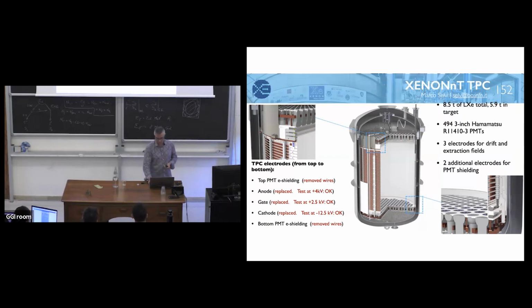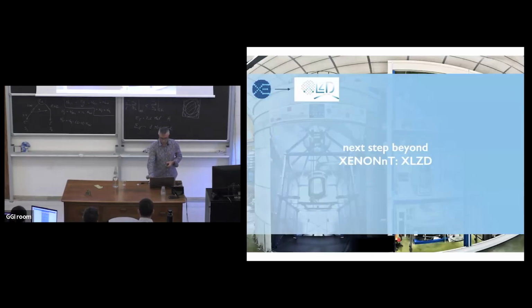We closed everything, and in the afternoon, I will go back to Gran Sasso to go on with the reinstallation of the detector, because now the cryostat is closed. We started rebuilding the neutron veto, and by the end of the year, we plan to go on taking good data.